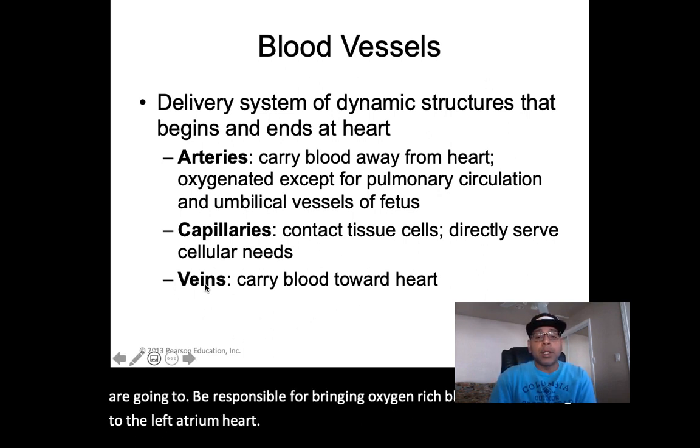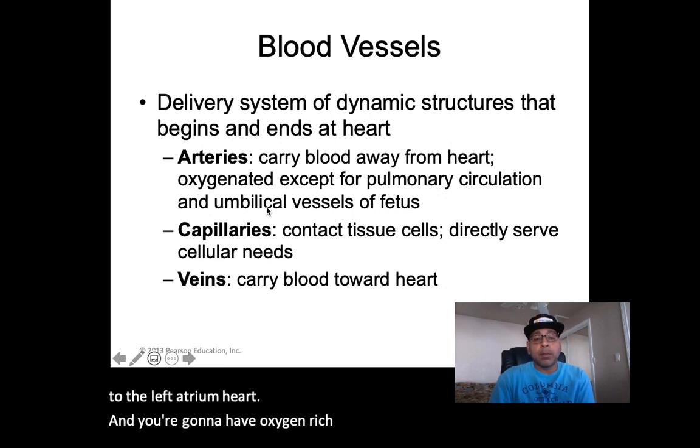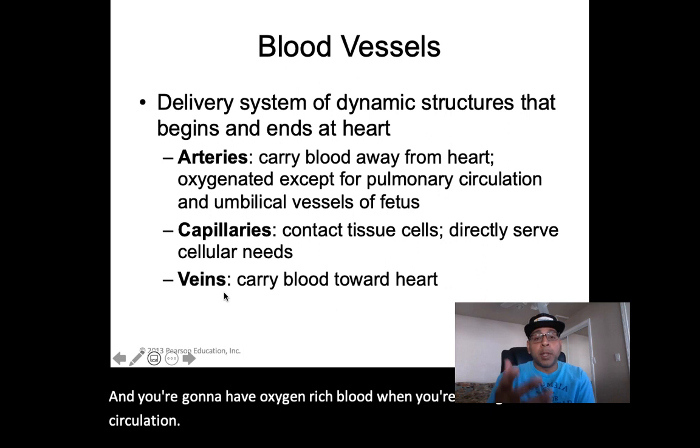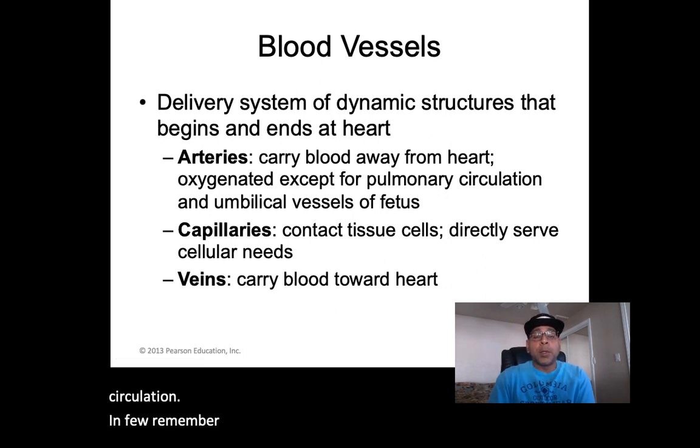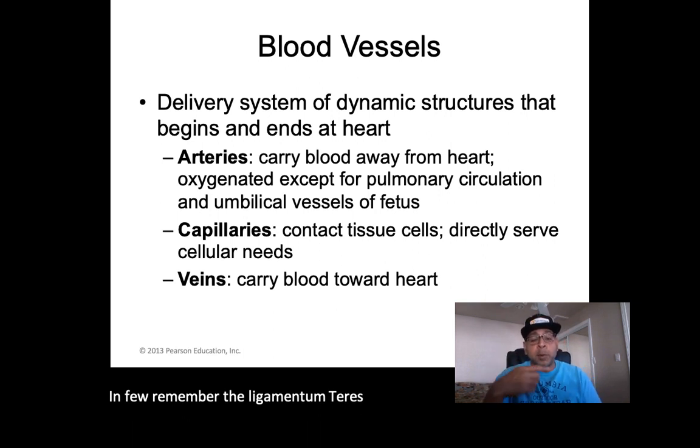And you have oxygen-rich blood in fetal circulation. If you remember the ligamentum teres, which was coming from the falciform ligament, dividing the right and left lobes of the liver, that is the fetal umbilical vein remnant, and it's responsible for bringing in oxygen-rich blood from the placenta.